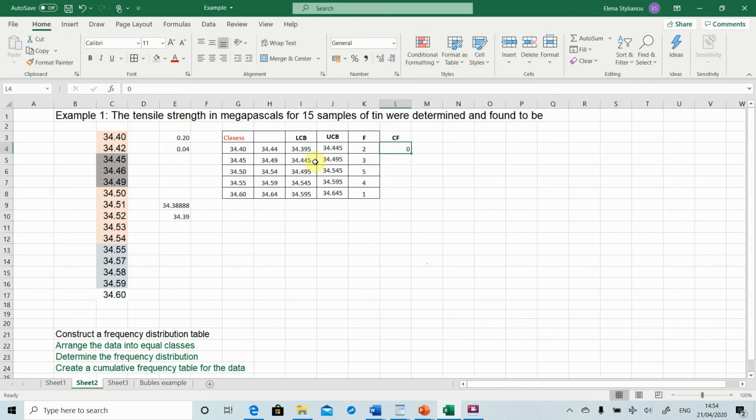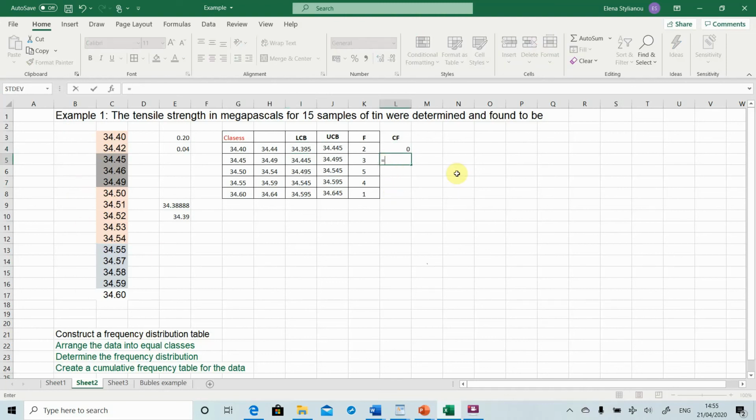What will the 0 mean? That we have 0 data smaller than the lower boundary of the first class. The number of data in our original data smaller than 34.395 is 0.